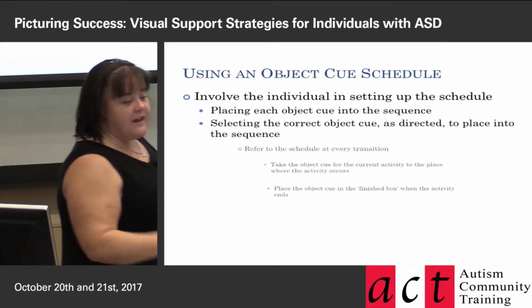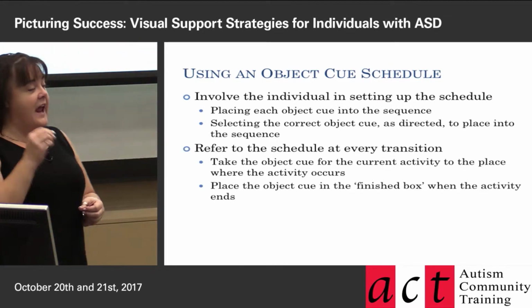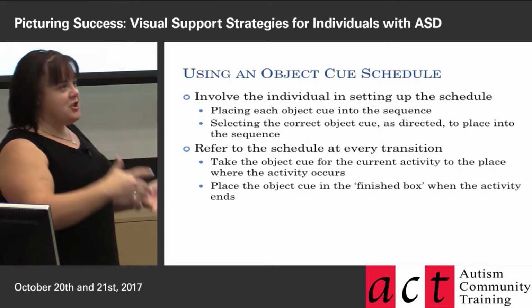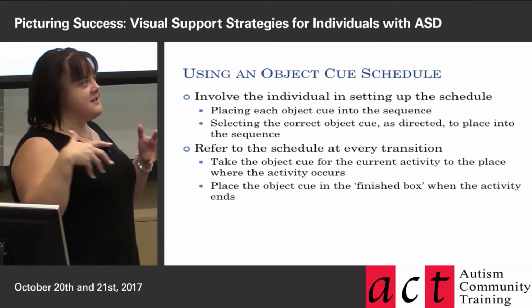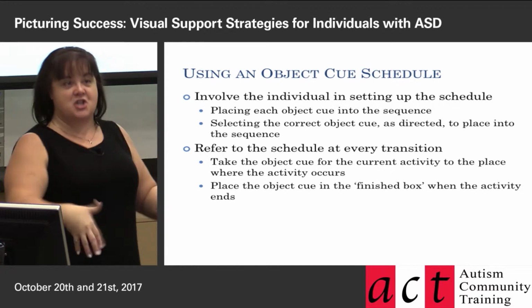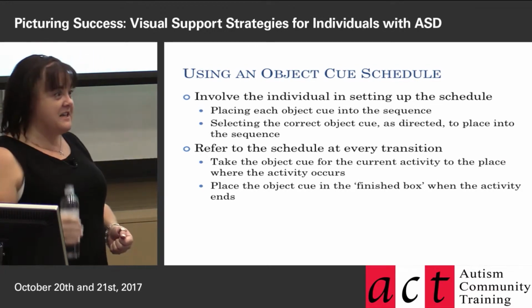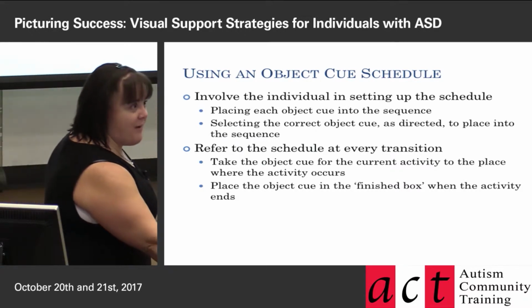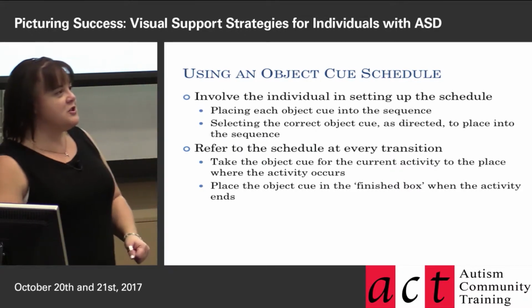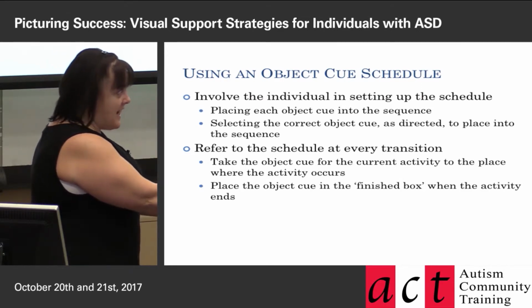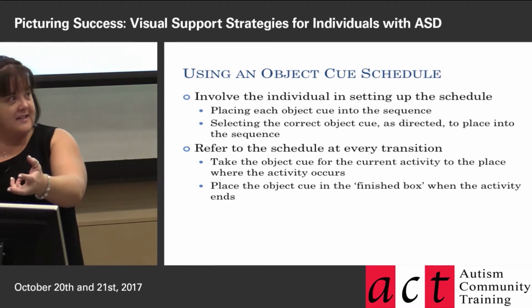The other thing that's important to do is that every transition, the learner comes back to the schedule and the learner does the transition. So the learner takes the object for the completed activity, drops it in the finished box, and then goes to the schedule and finds the next activity, the next item, takes that, goes and does that activity.